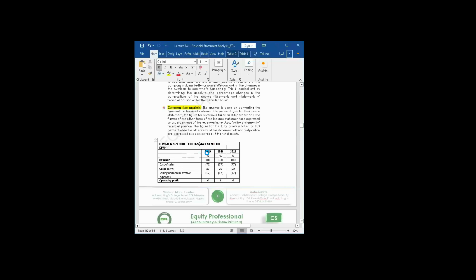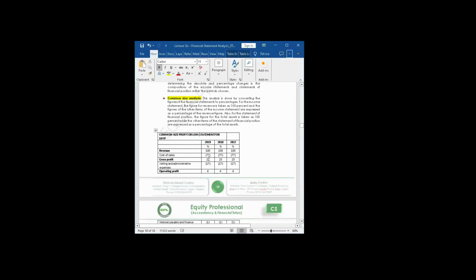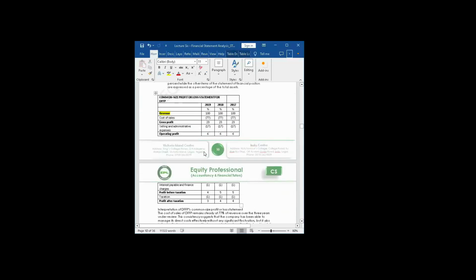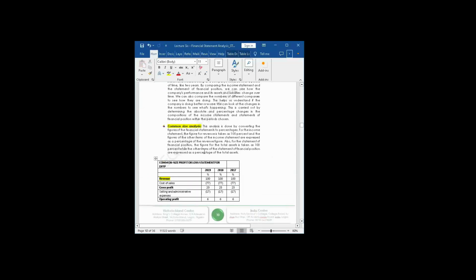So for statement of profit or loss, we usually convert all the items as a percentage of what? Of revenue. And for the statement of financial position, all the items as a percentage of total assets.